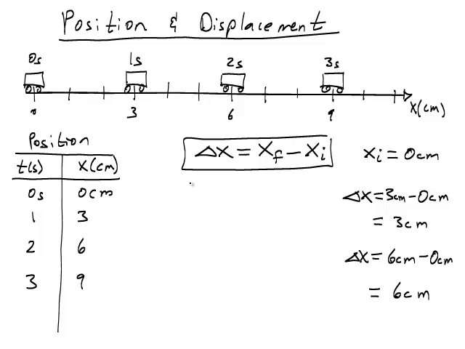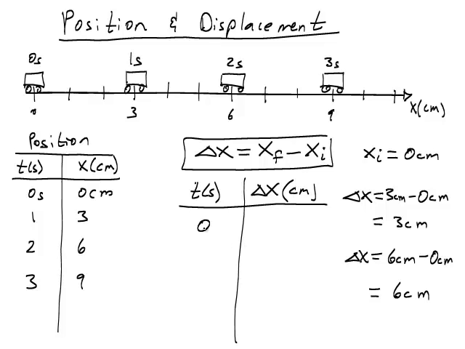And we can continue to do this, and create a chart for the displacement. One column could be, what was my displacement in seconds, at each second? What was my actual displacement in centimeters?